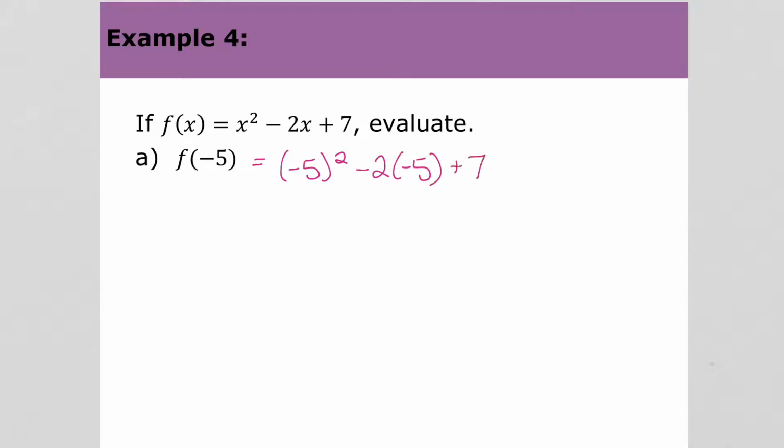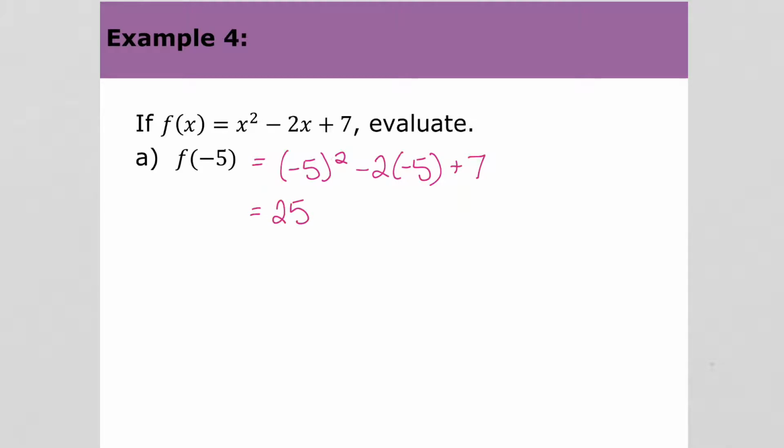Make sure here when you're squaring x, you're squaring all of negative 5. So you have to make sure that that negative 5 is in parentheses, because negative 5 quantity squared is negative 5 times negative 5, which is positive 25.